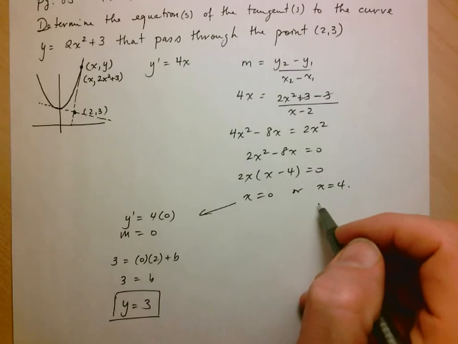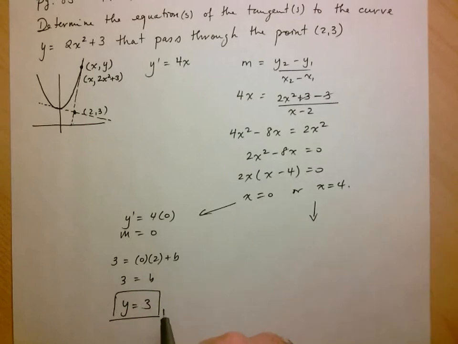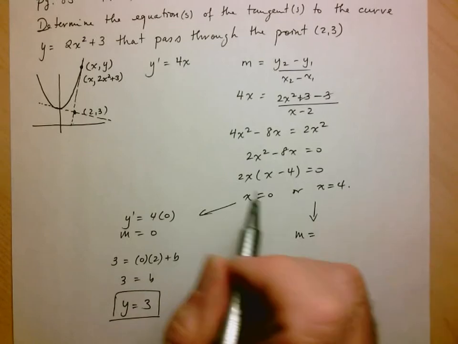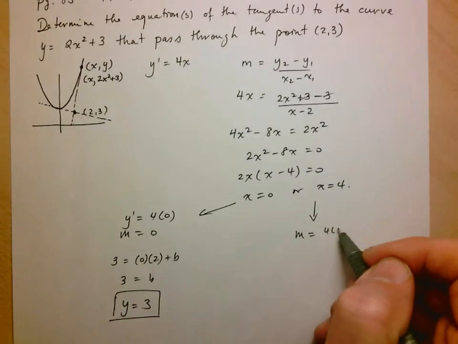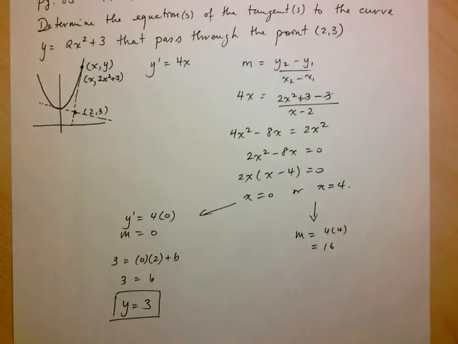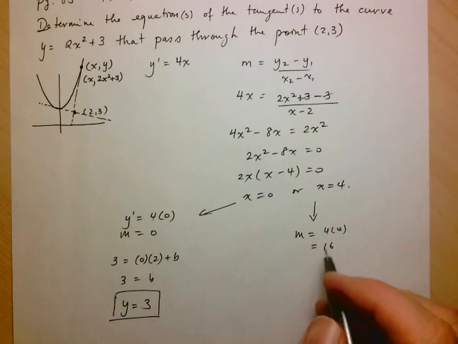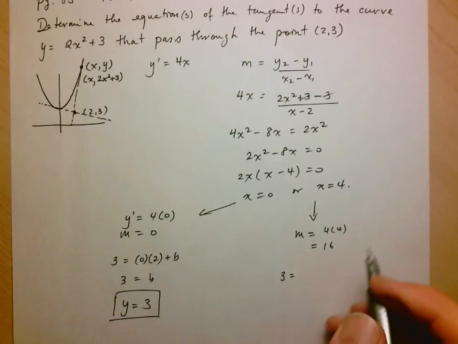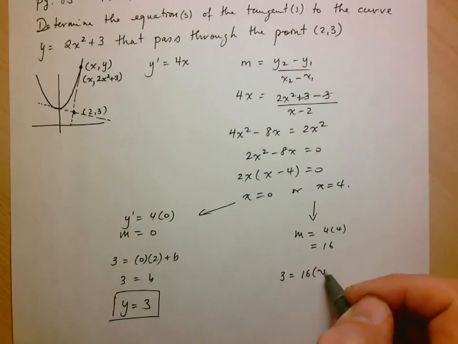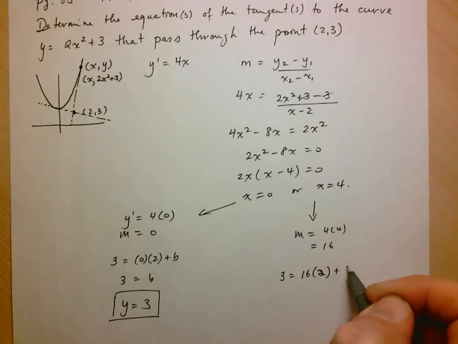Okay. So now let's use x equals 4. Okay. So again, the slope is just given by the derivative. So 4 times 4 is 16. And now we have a point on the line, which is again (2, 3). So let's stick that into y equals mx plus b. So when y is equal to 3 and the slope is equal to 16, x is equal to 2 plus b.